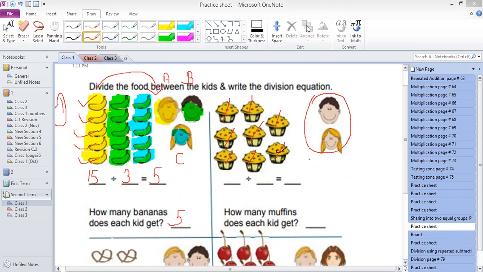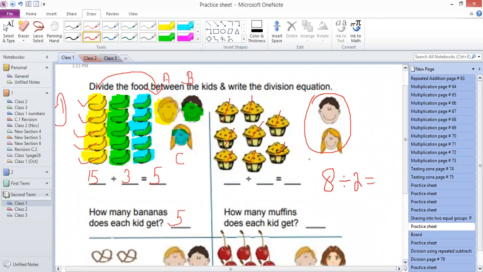Very good. You want to share 8 cakes equally among 2 kids. So you can say that we have 8 cakes and we are sharing equally among 2 kids.